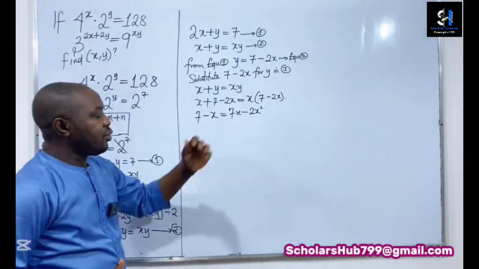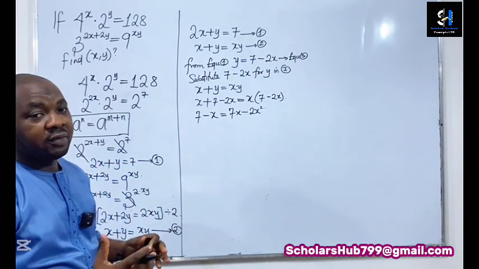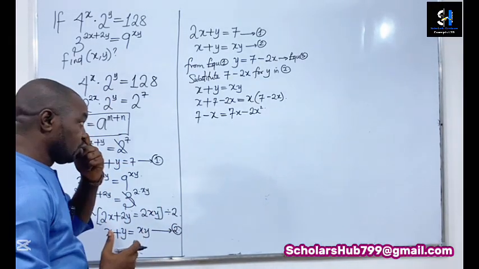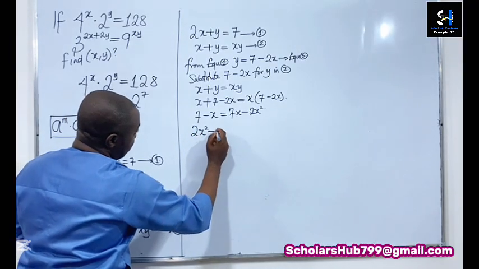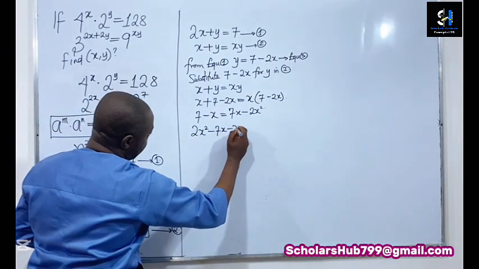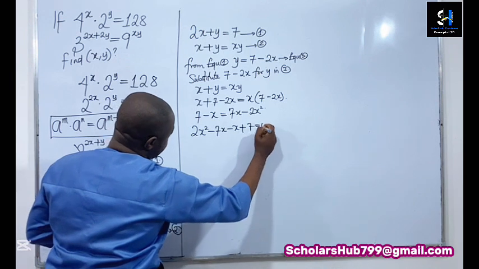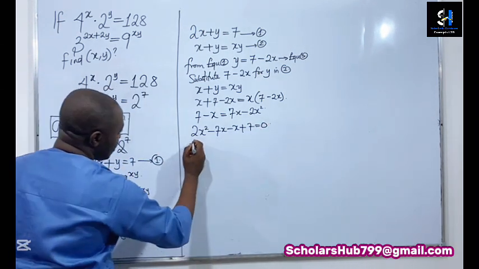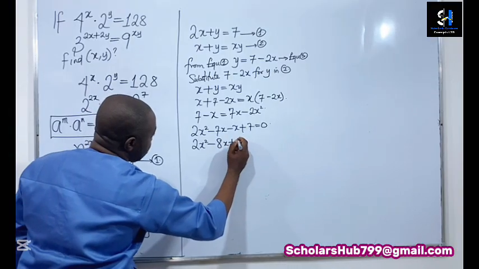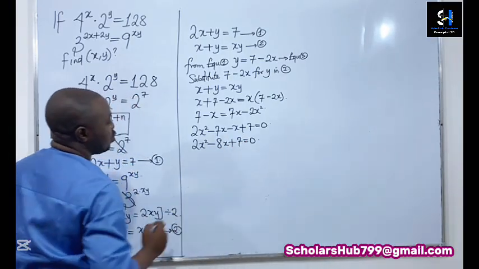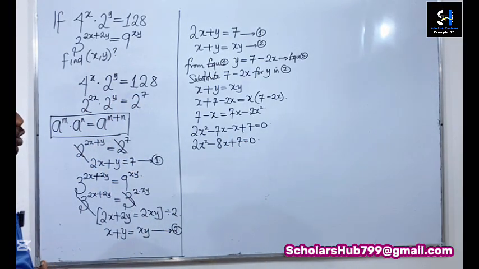Now, let me rearrange the equation for us to have a standard quadratic equation. And that will be 2x squared minus 7x minus x plus 7 equals 0. And this will be 2x squared minus 8x plus 7 equals 0. All right, so at this point, we can now solve for the value of x.